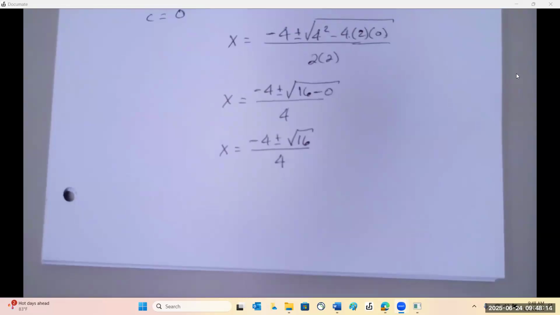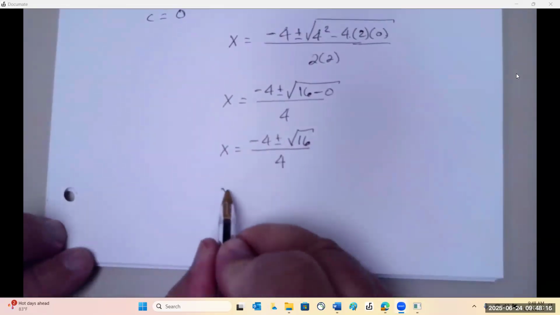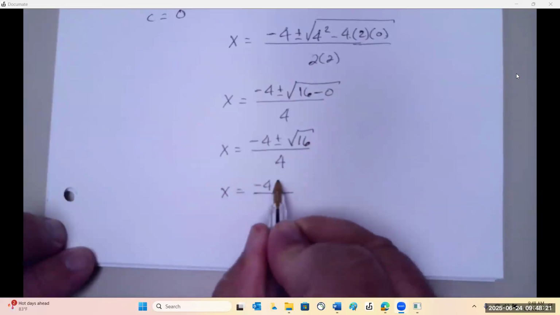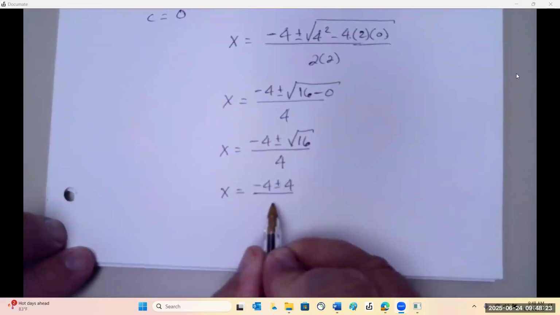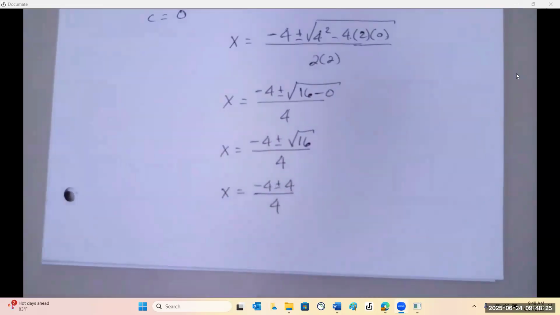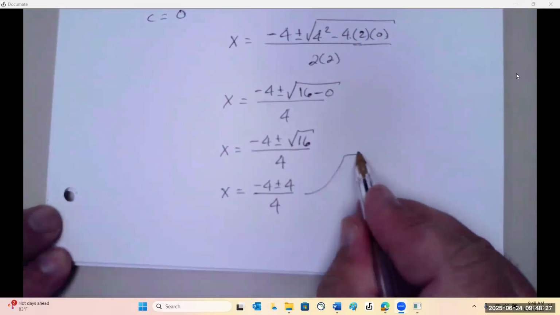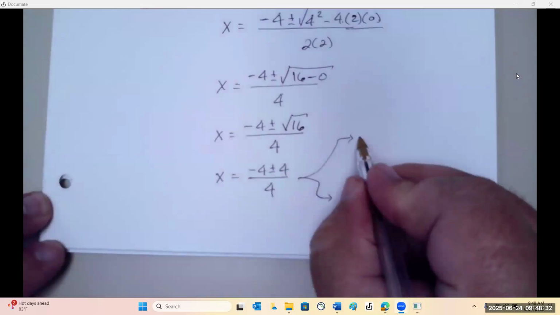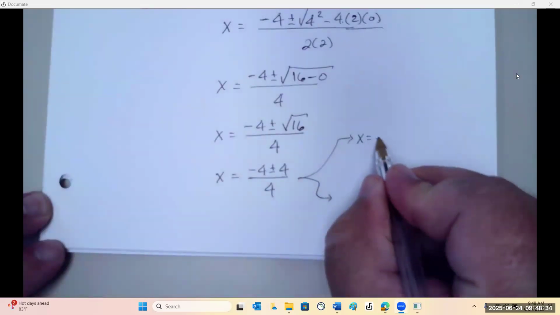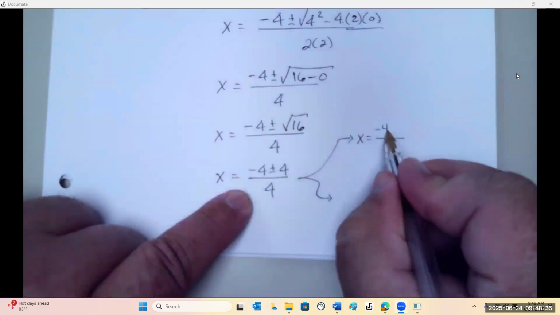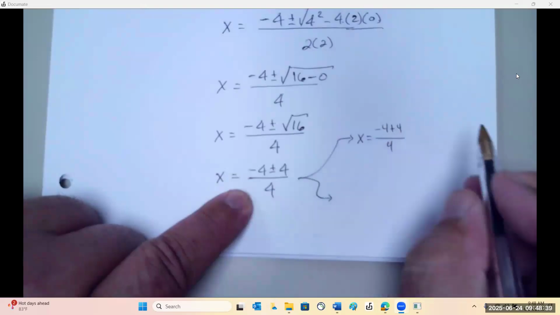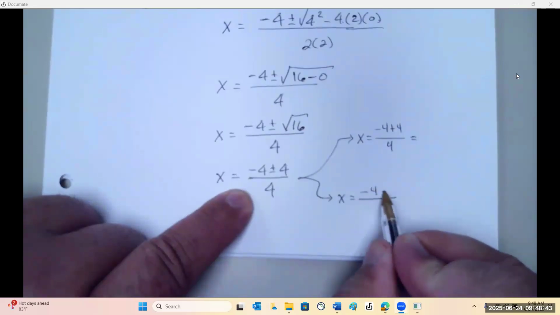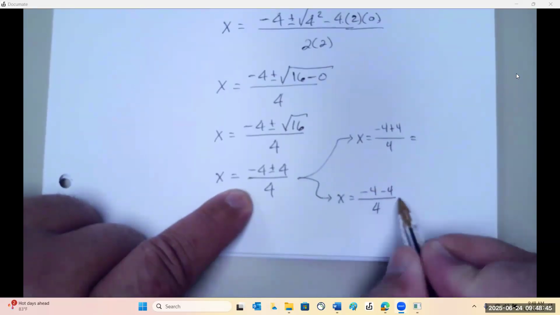What's the square root of 16? It is 4. So we have two possible answers. So it's -4 plus 4 over 4 and -4 minus 4 over 4.